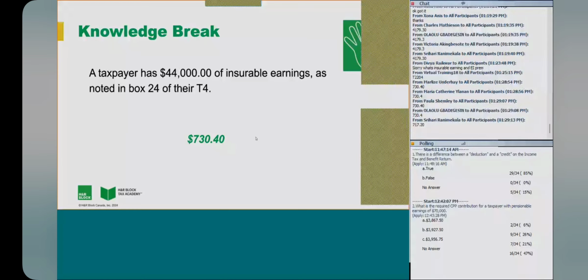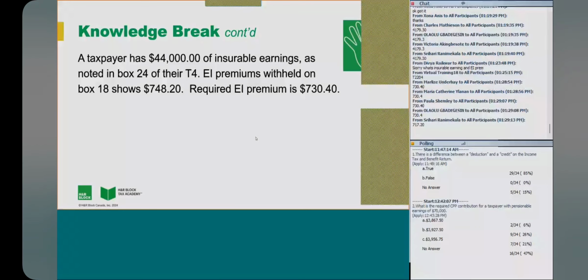And now let's walk through a simple situation. So bearing in mind, let's take this information forward. We know this taxpayer has $44,000 in insurable earnings, as noted in box 24 of the T4. The EI premiums withheld on box 18 shows $748.20, but we know the required EI premium, because we just calculated it, is $730.40.